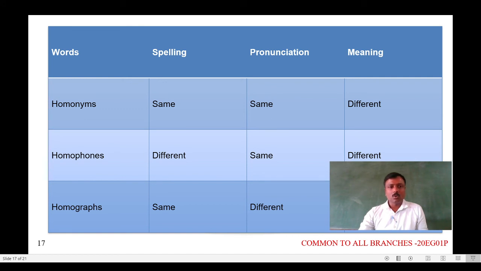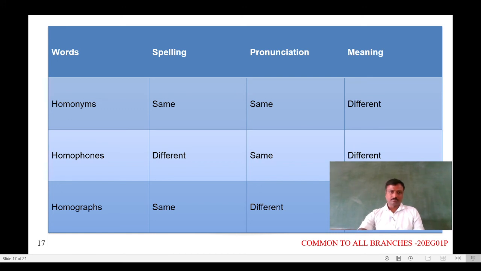And let's go to homographs. Homographs have the same spelling, but they have different pronunciations and different meanings. So homographs are those words which have the same spelling, different pronunciations, and different meanings. For example, bow.